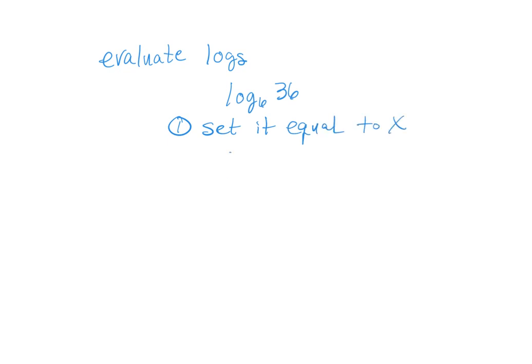Just like this: log base 6 of 36 is equal to x. Now this puts it in a form that looks familiar to us, and we can use the little trick that I showed you, starting at the little number, going through this side and pointing back at this one to change this to exponential form. So exponentially this is going to look like 6 to the x is equal to 36.